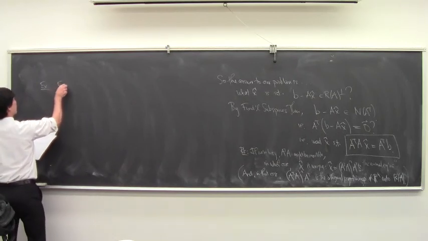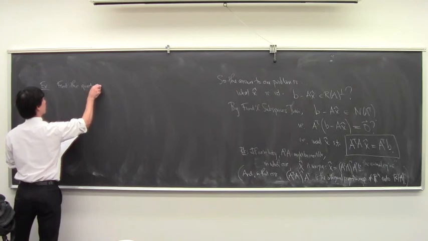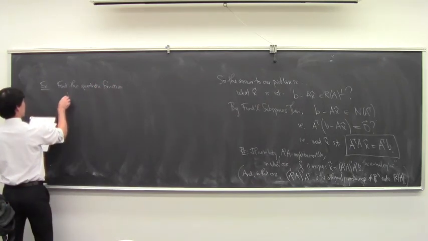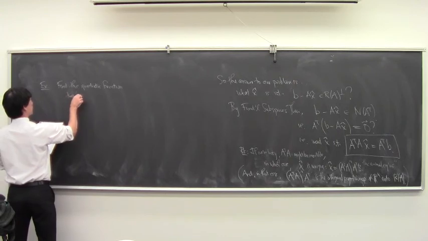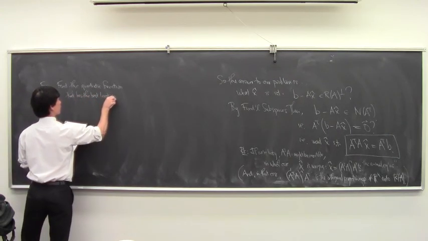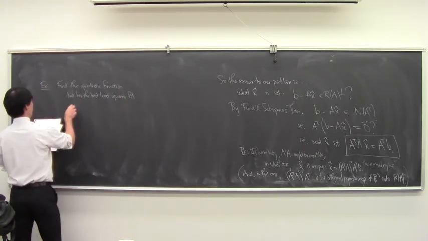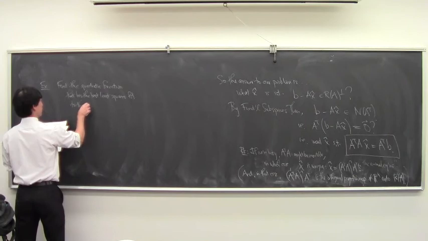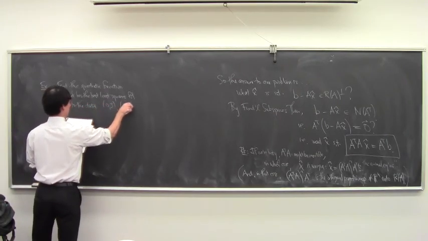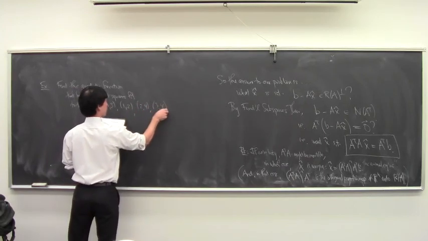It is: find the quadratic function that has the best least squares fit to the data (0, 3), (1, 2), (2, 4), (3, 4).